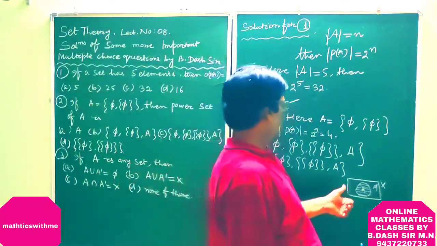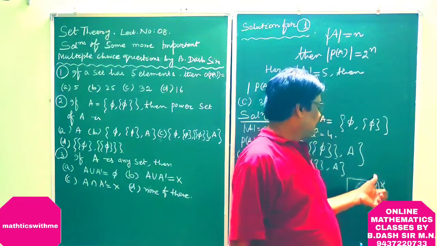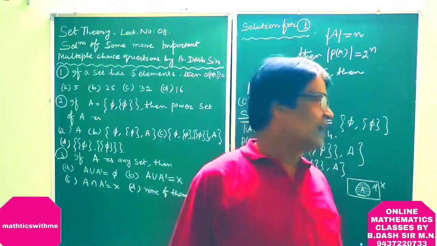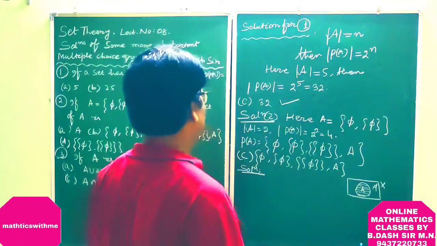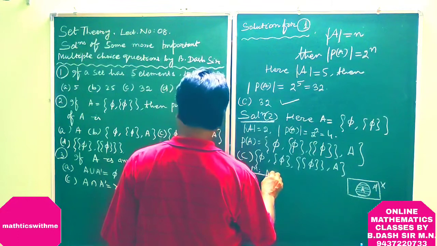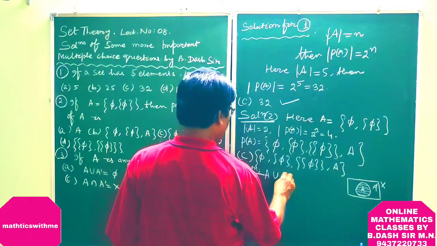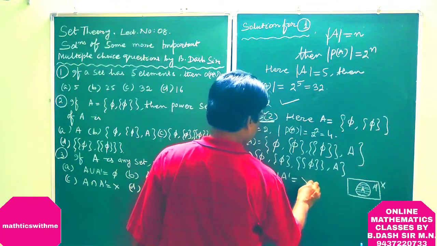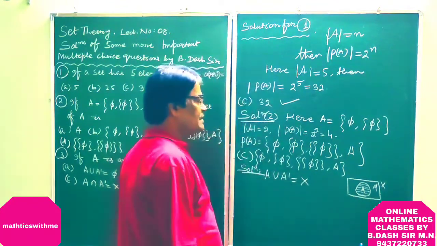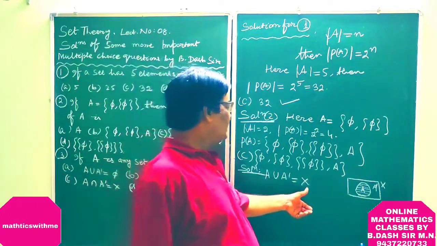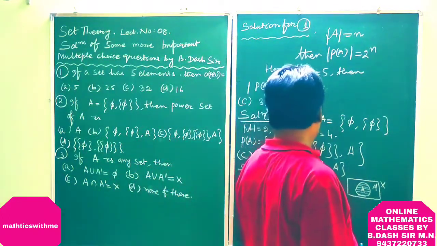So here A is the shaded region and A dash is the region outside of A that is not shaded. Then A union A dash is equal to completely the universal set X. Then A union A dash is equal to X, the universal set.